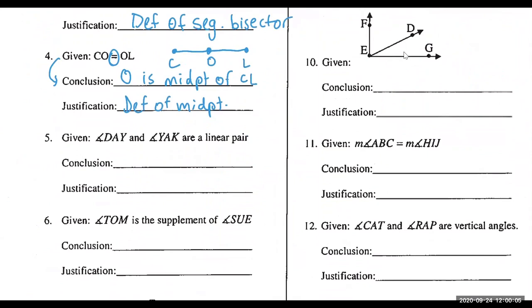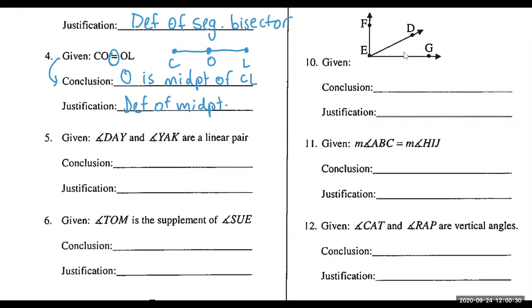Okay, so angle DAY and angle YAK are a linear pair. Number 5, angle DAY and angle YAK are a linear pair. So if that was the given, the conclusion again is your, oh, no, you need to do substitution. I can't remember what step 3 was.